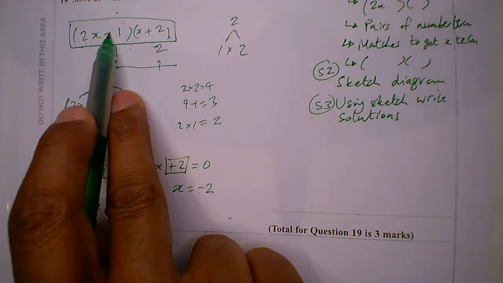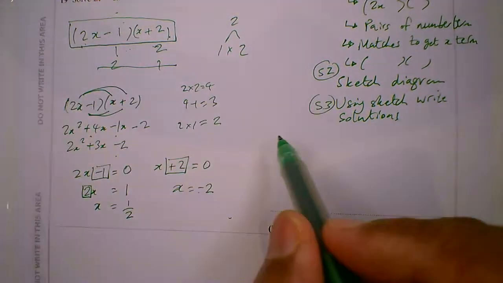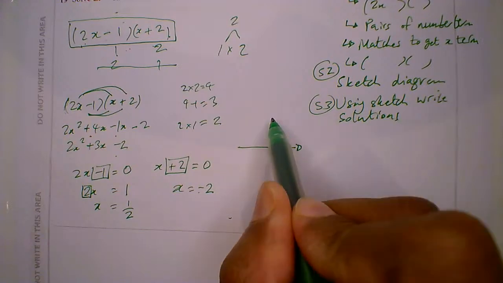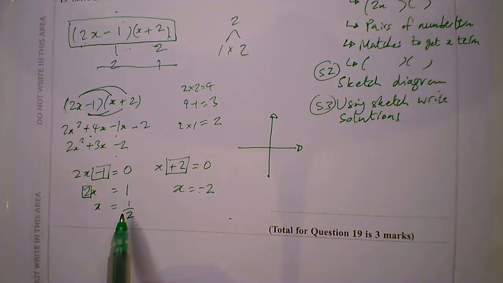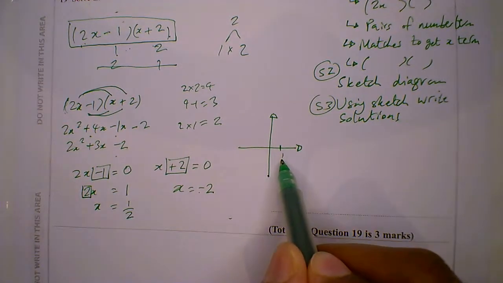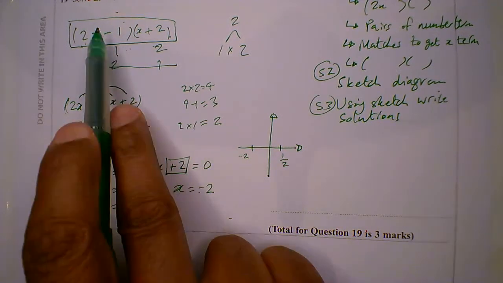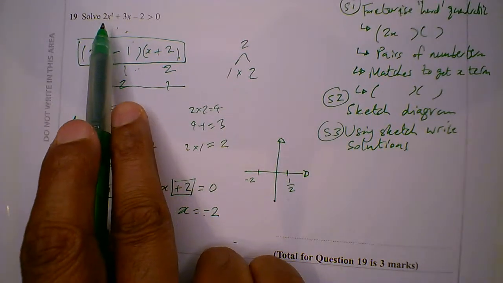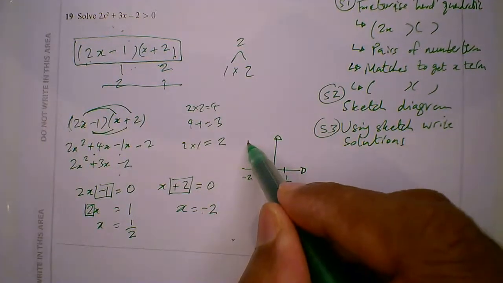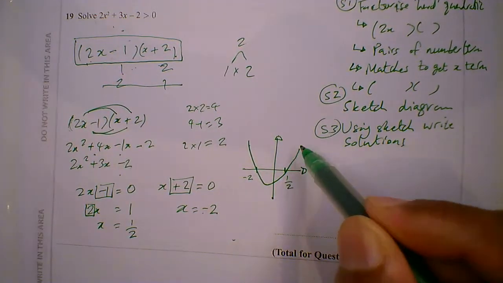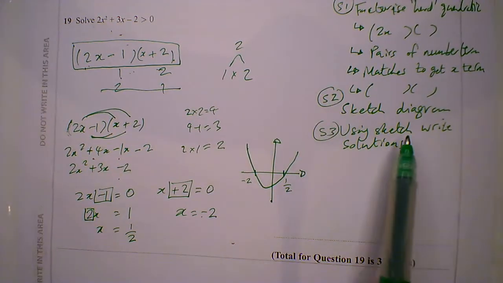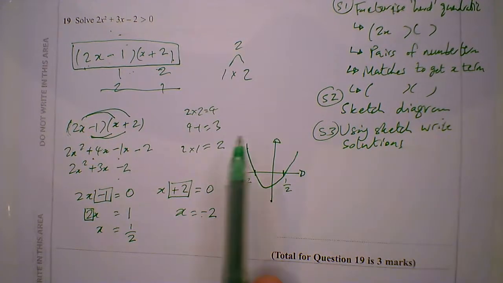So I'm going to sketch this graph now. One of them is going to be half, and this is going to be minus 2. Now this is a positive quadratic, so it's going to go through these 2 points. So I've done my sketch. Now using the sketch, I write the solution.